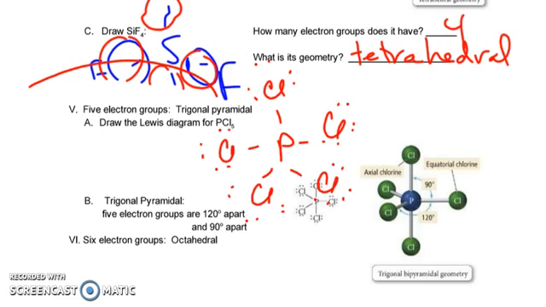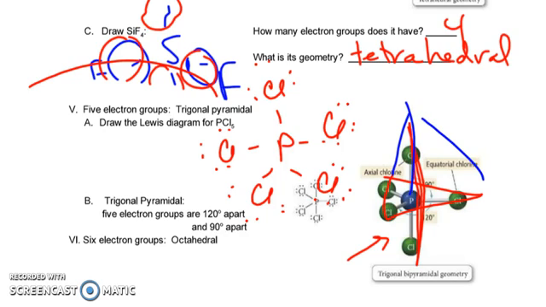Well, if you look at this picture right here, you'll see that this is 180 degrees up and down, and then you have a triangle in the middle. So you have a triangular pyramid in the top half, and a triangular pyramid in the bottom half, and we call this trigonal bipyramidal.